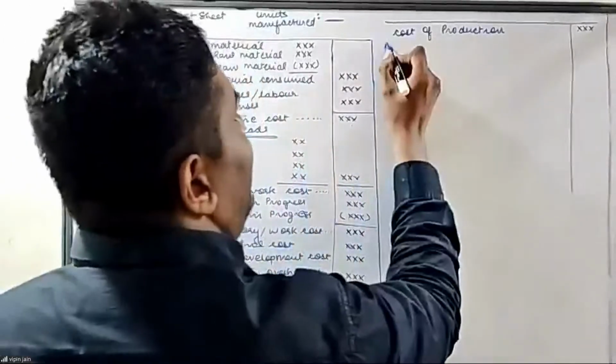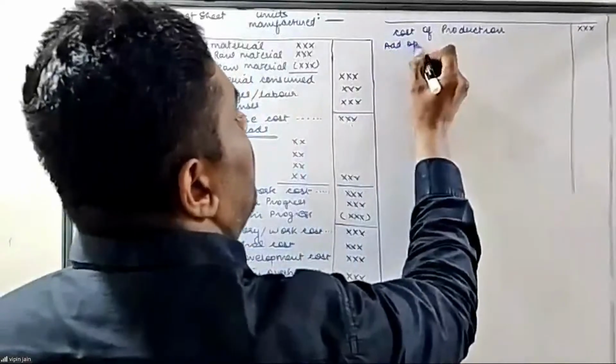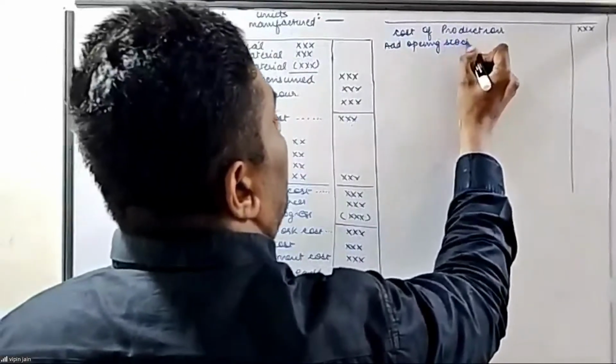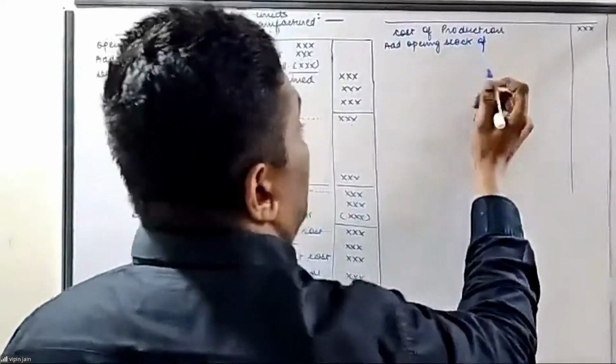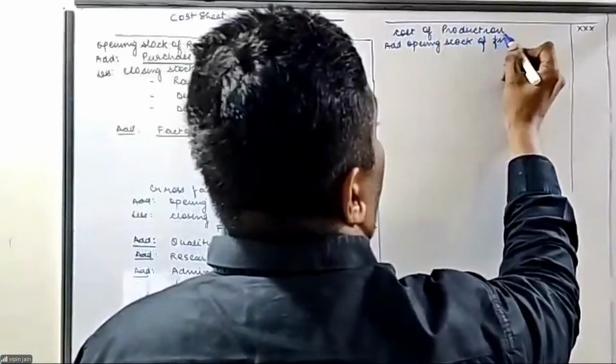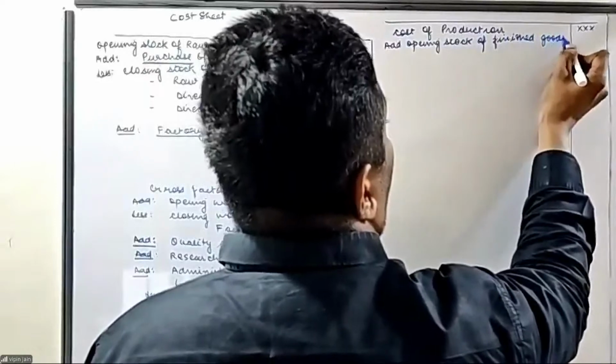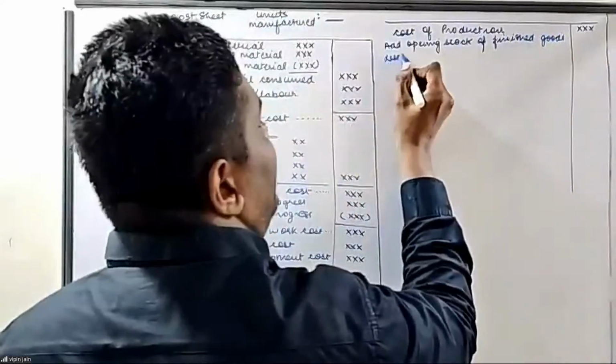So we will add opening stock and we will subtract closing stock.